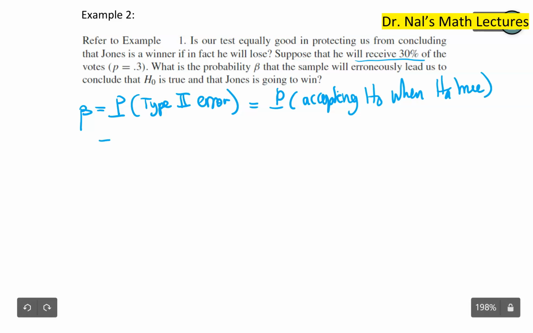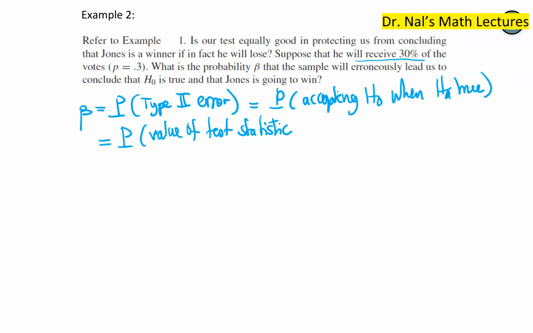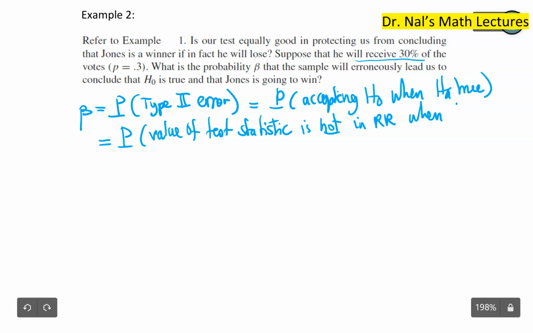And this probability we can also write as the probability that the value of the test statistic, in our case the y, the number of positive responses in that sample of size 15, is not in the rejection region when the alternative is true. Does that make sense? It's very straightforward.